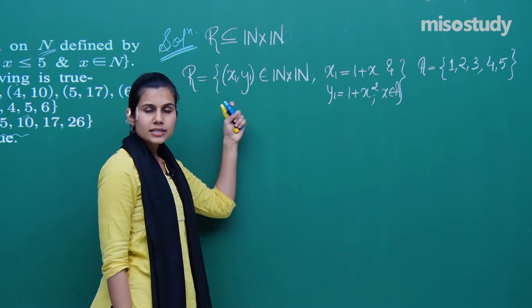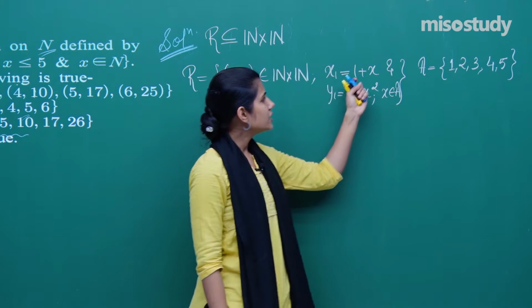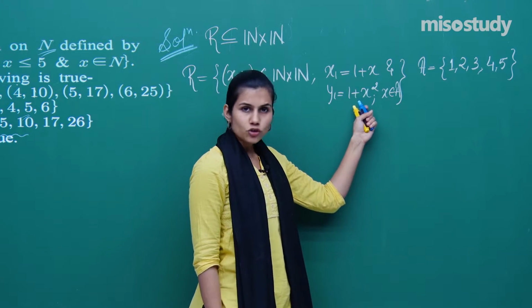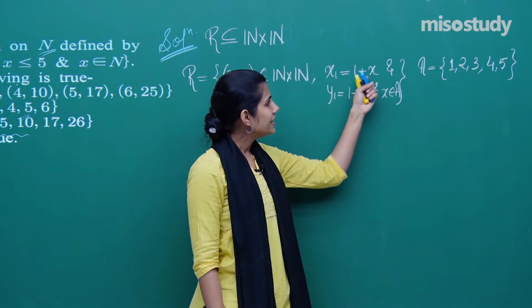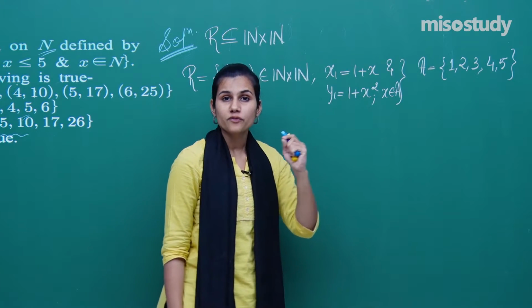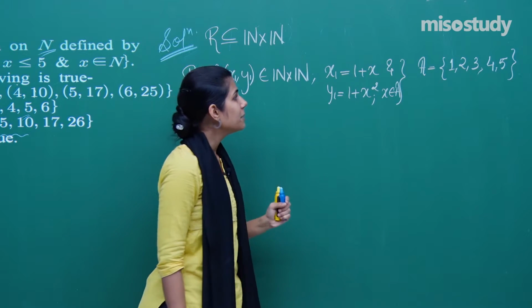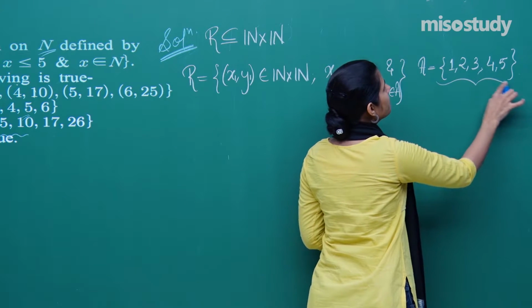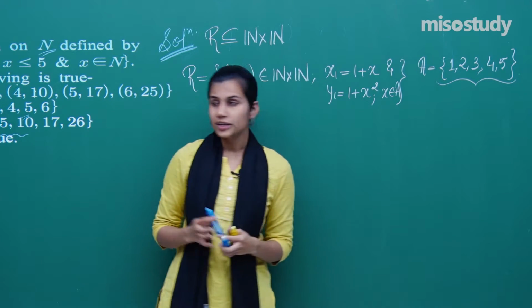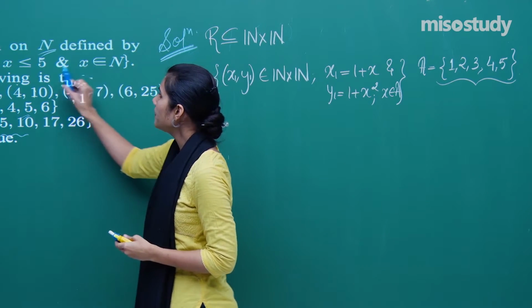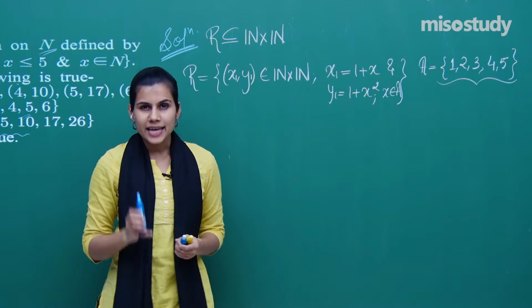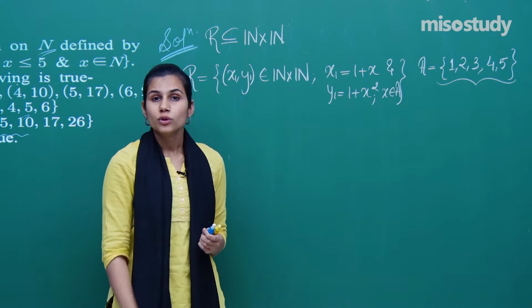Inside the relation R sit such ordered pairs whose first component looks like this and second component looks like this, and in these two components the role of x is being played by these members. Because here it is given x is a natural number less than or equal to 5, that means x ranges from 1 to 5.